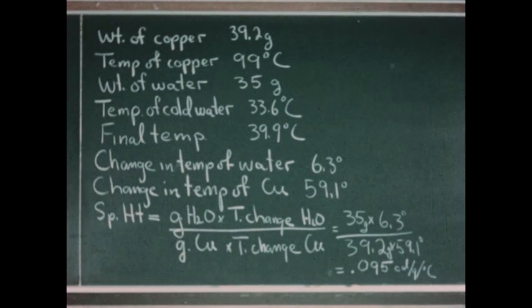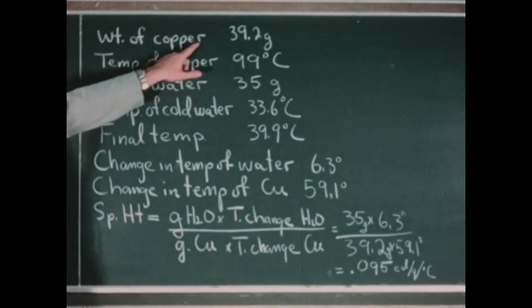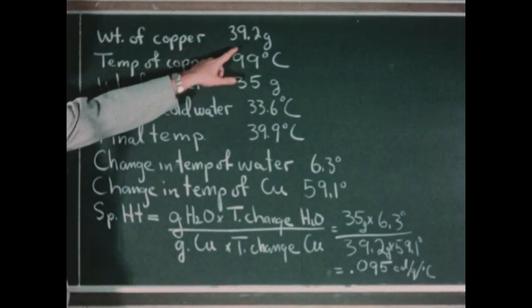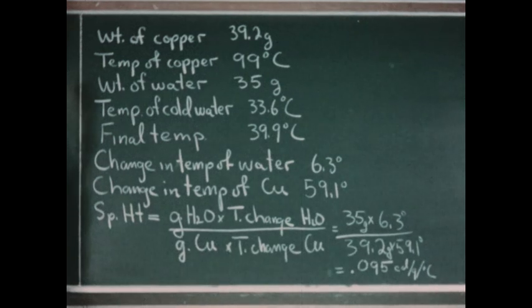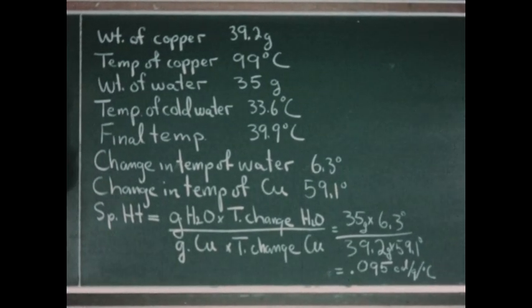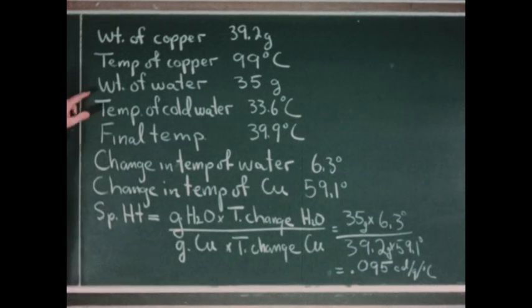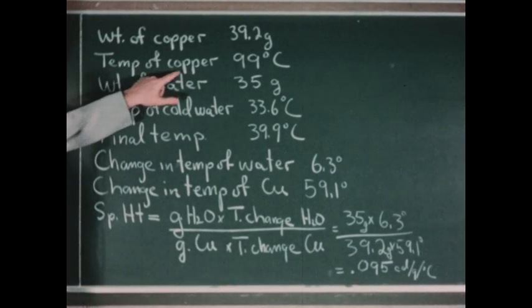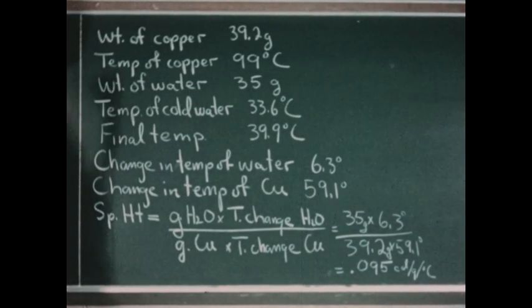obtained in this experiment. We found that our little sample of copper weighed 39.2 grams. We then placed this copper in the test tube, immersed the test tube in the beaker of boiling water, and found that the final temperature reached by the copper was 99 degrees centigrade.